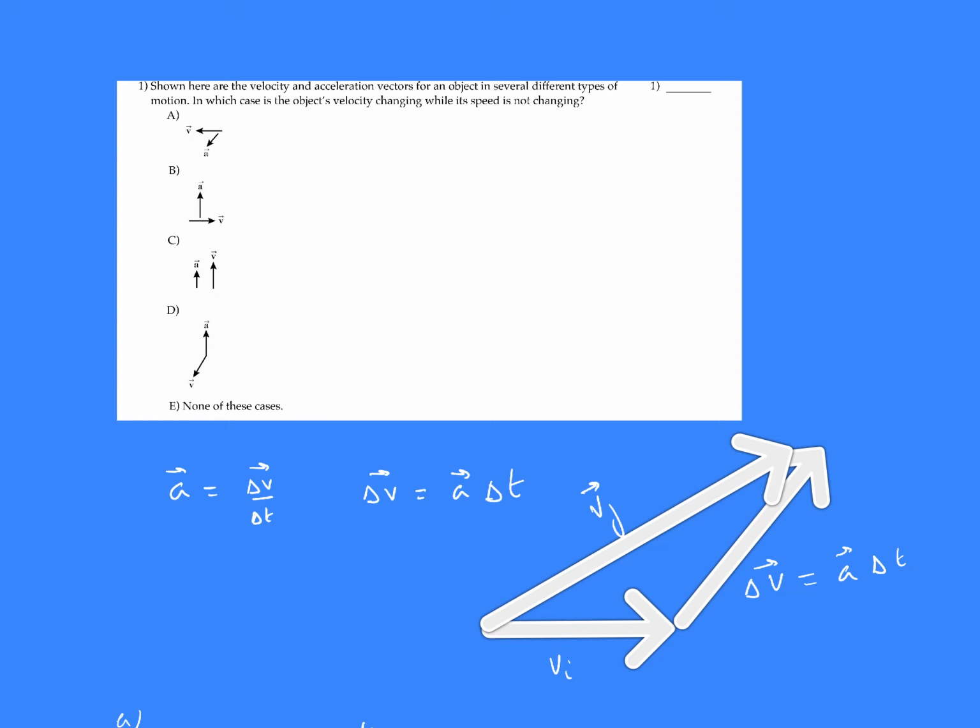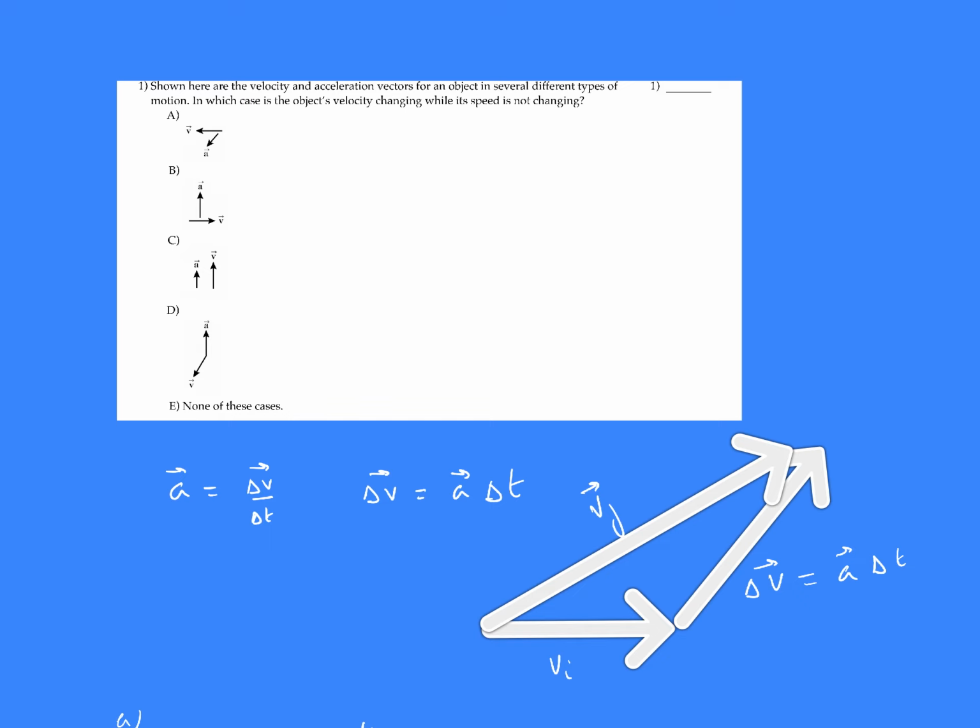But now the change in velocity is a vector. And this vector divided by delta t, the change in time, is a vector that is reduced or stretched in the same direction as delta v.